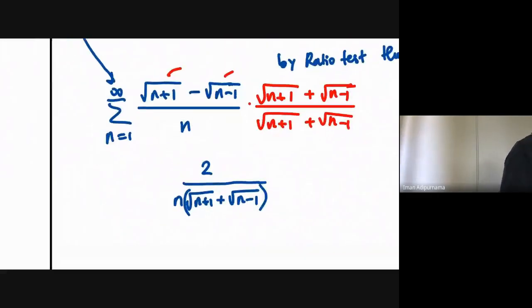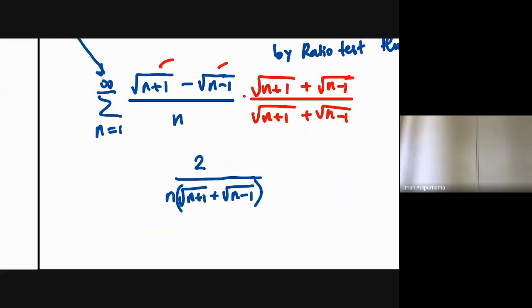Now let's say this is our form, okay? Now, because all n is at the numerator, now we can think of some comparison, right? We can think of some comparison.